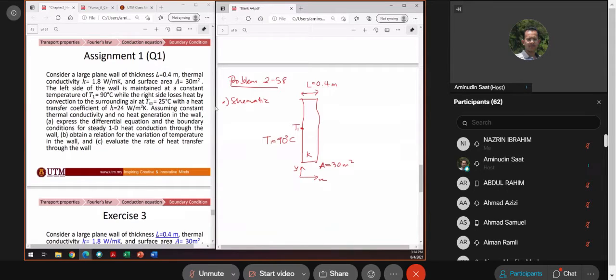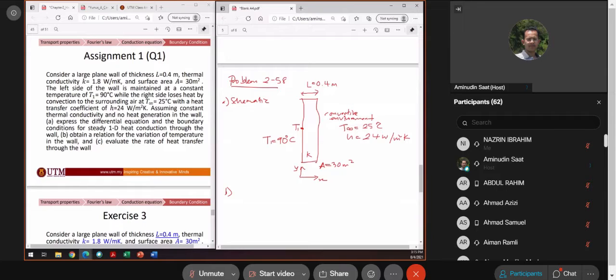So here there is a convective environment, where the temperature of the surroundings equals 25 degrees Celsius and the h value equals 24 watt per meter squared Kelvin. So that is your schematic.